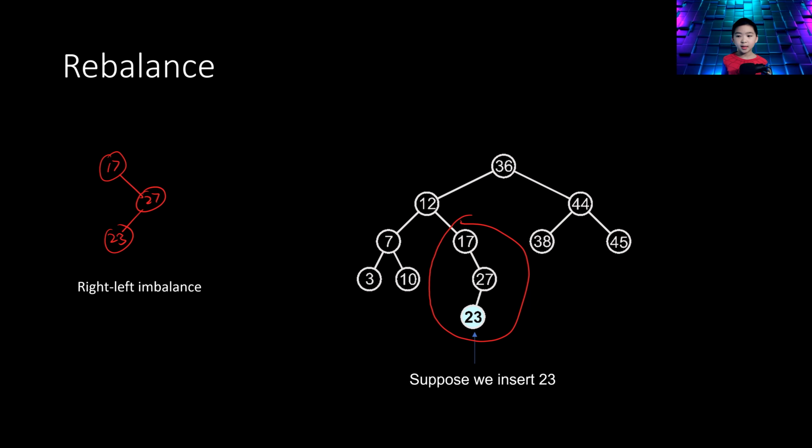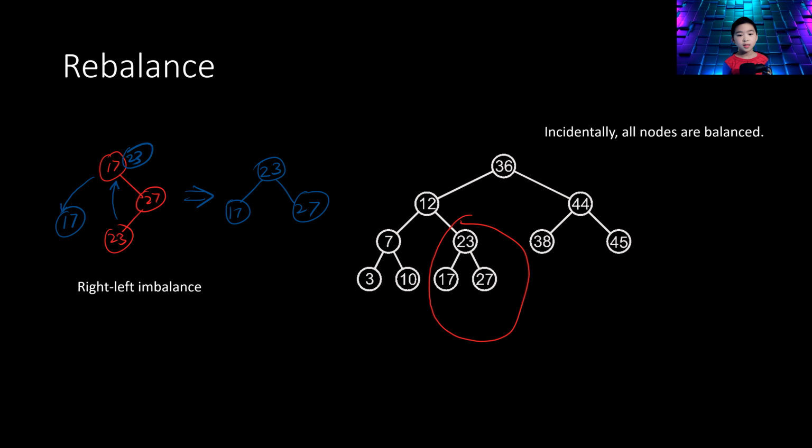This is the right-left imbalance because the root node 17 has a single right child, which in turn has a single left child. To rebalance the subtree, we know the middle value is the bottom node, which is 23, so we promote that node as the new root. After rebalancing, the subtree becomes this. Then put it back to replace the original subtree. Incidentally, the node 36 also becomes balanced.